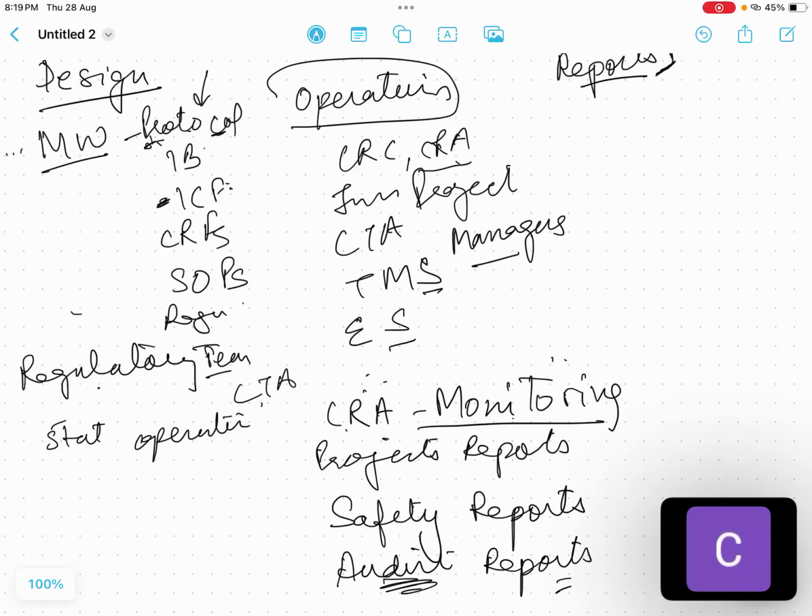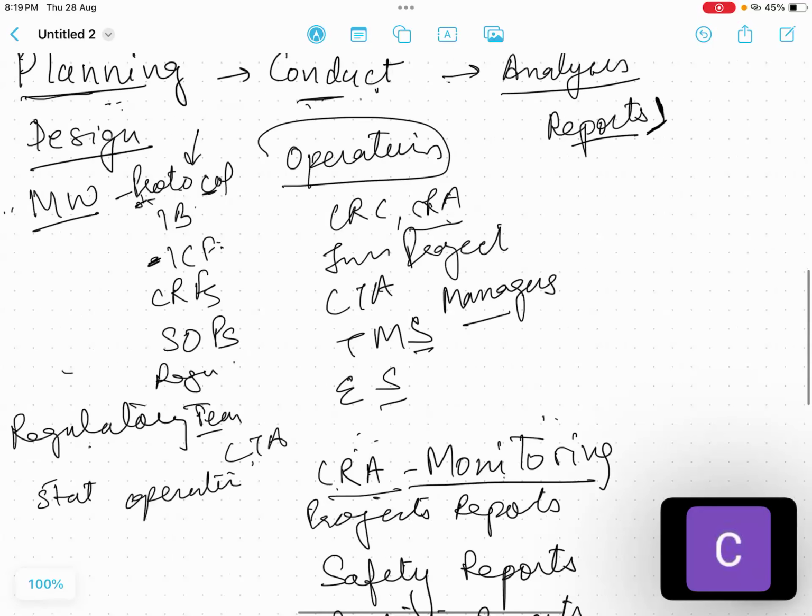So all these types of documents are prepared when you are doing operations, when you are conducting your clinical trial. Additionally, if there is an update to the protocol, IB, or ICF, or even a revision in an SOP, for example, say you were doing a trial in 2018, and in 2019 we had new guidelines in India, so revisions happen. It may be external, it may be internal.